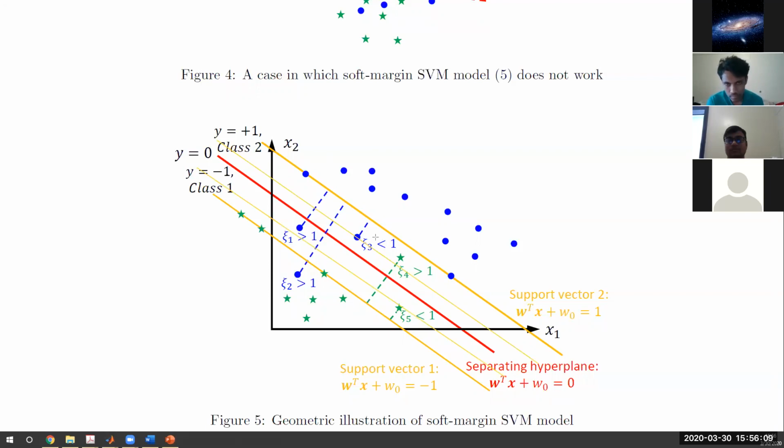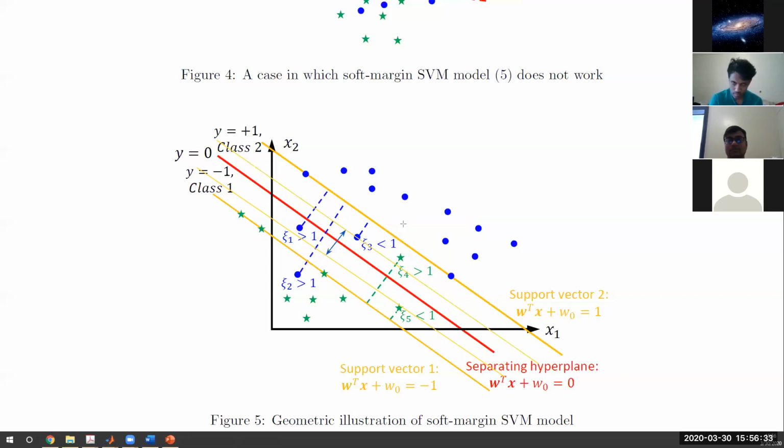However, guys, don't forget that if you do this, let me ask you, what is the distance here? You see, the distance of the two new support vectors is smaller. That means the difference between the two classes is smaller.